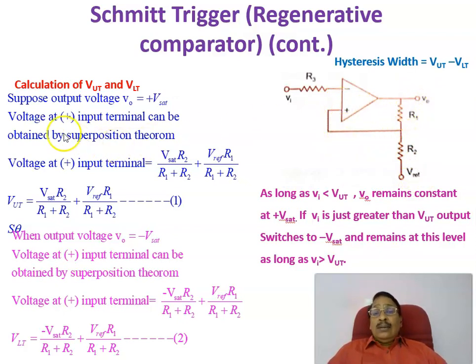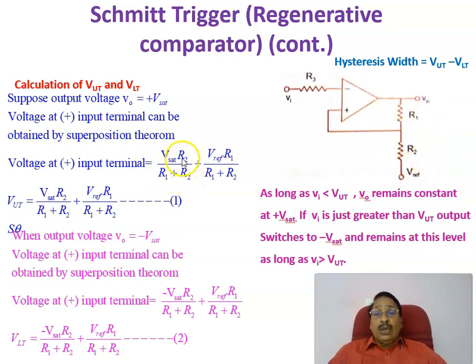Like that, suppose the output voltage equals plus Vsat. The voltage at the plus input terminal can be obtained by the superposition theorem, as I already told you. When plus Vsat is present, this voltage is given by Vsat divided by R1 plus R2 into R2.